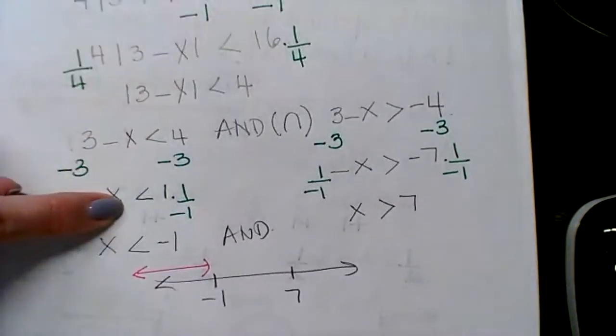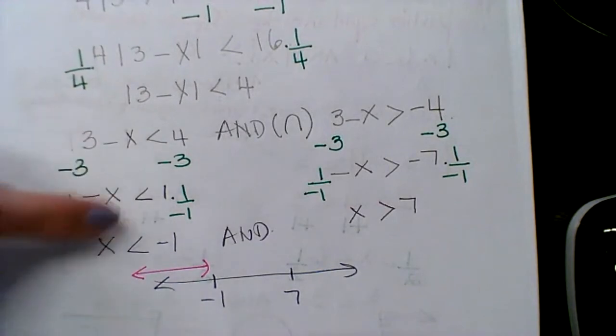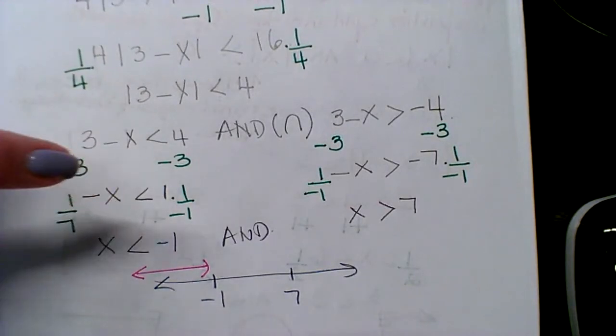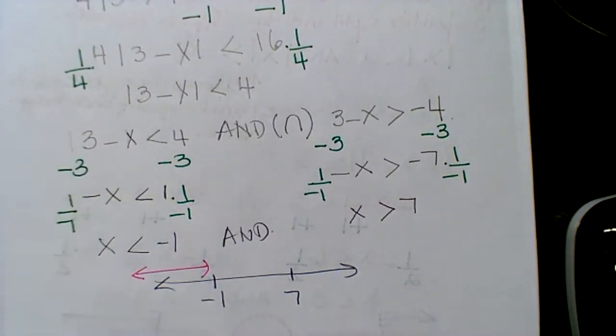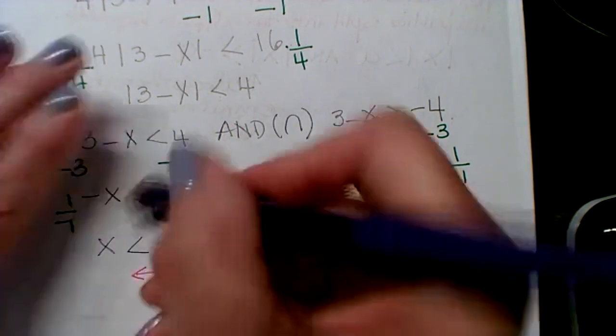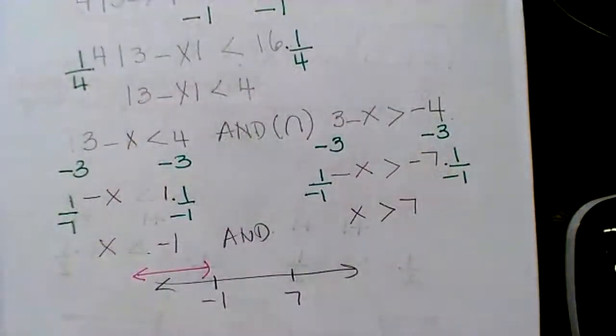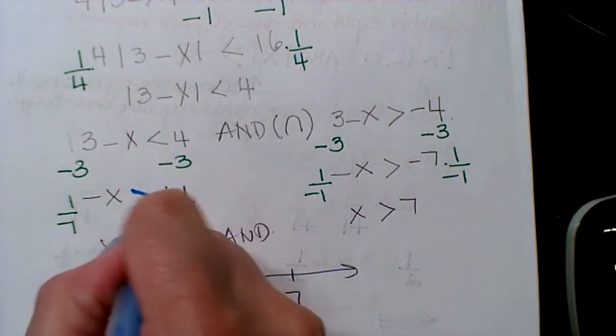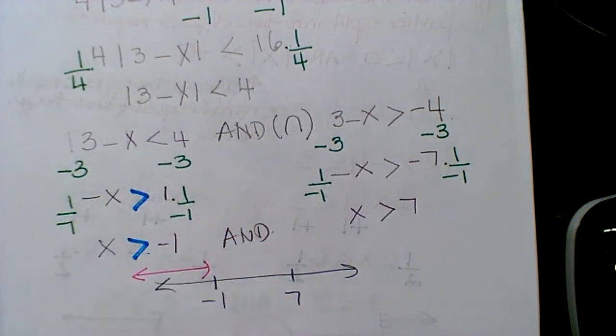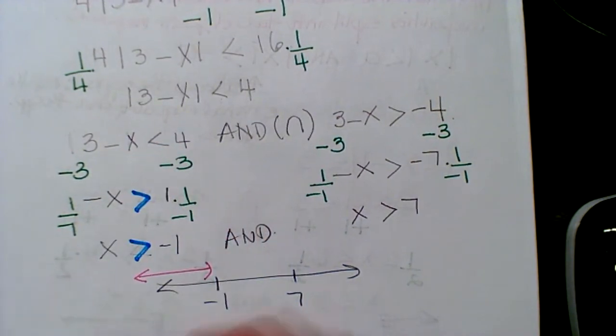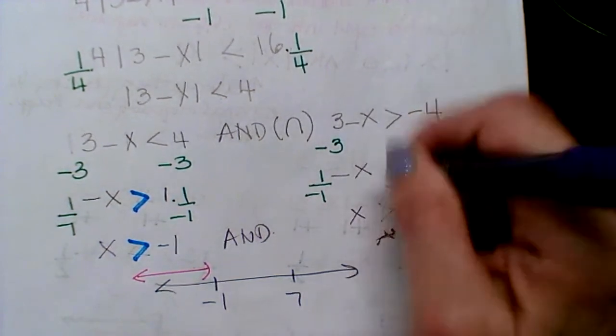Right here, I need to change the sign because I'm dividing by a negative number. Okay? And I'm going to note it in a different color, that way you guys see it. All right? And the same is going to happen here.